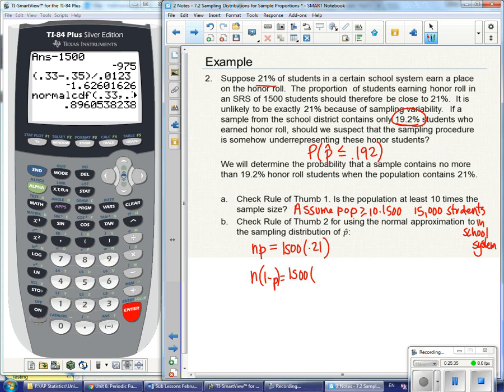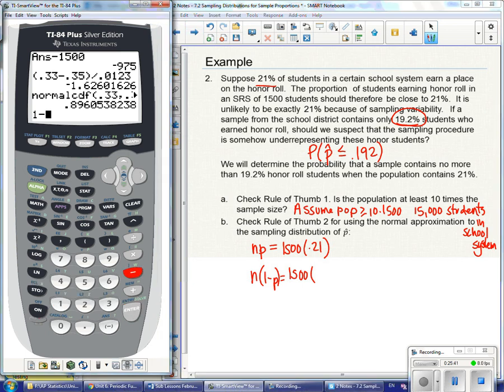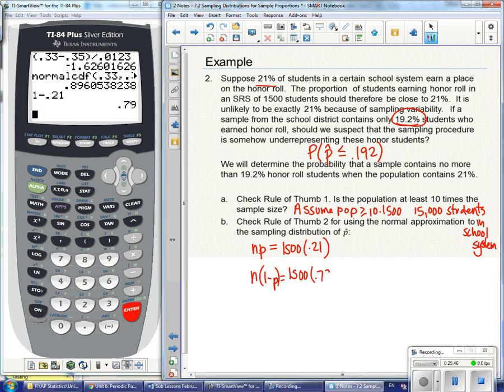We will, in some cases, use a sample statistic, but that's only when we start getting into confidence intervals. So for now, you're going to use the population parameter. My probability of failure is going to be 79%. And so when I check, I'm going to have 315 successes. That's obviously greater than or equal to 10. And I'm going to have 1,185 failures, which is obviously greater than or equal to 10. So since this is true, I can say p hat is approximately normal.